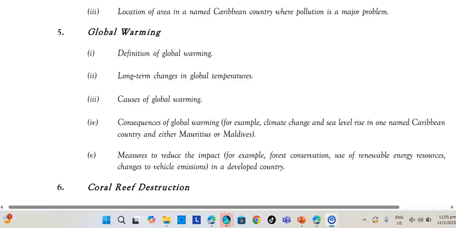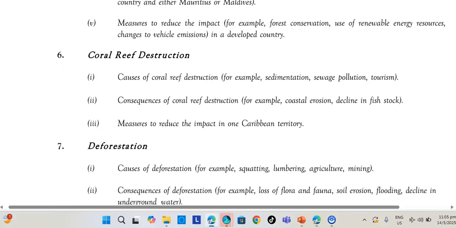Causes of coral reef destruction. The syllabus says sedimentation, sewage pollution, and tourism. Now, sedimentation: soil washes into the sea from farming or construction, covering reefs.